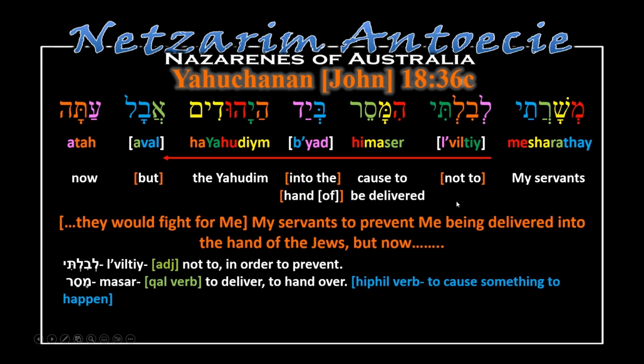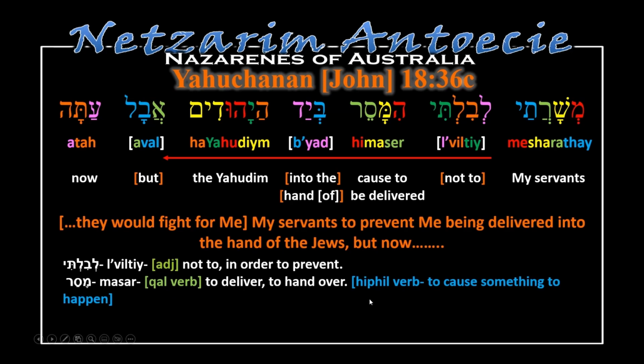levilti, not to. So let's have a look. Levilti is an adjective meaning not to, in order to prevent. So my servants, in order to prevent or not to, hemaser, cause to be delivered. And if we look at it, masar is a kal verb to deliver, to hand over.